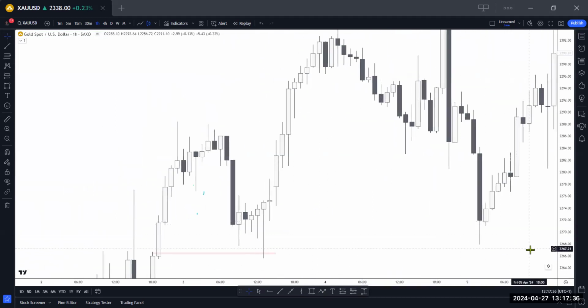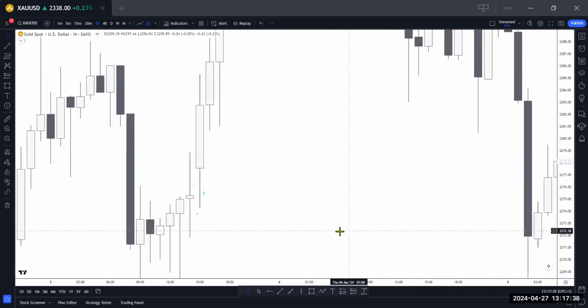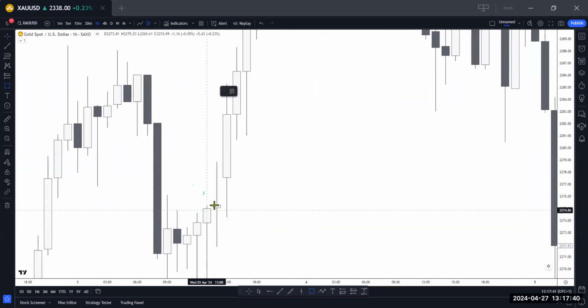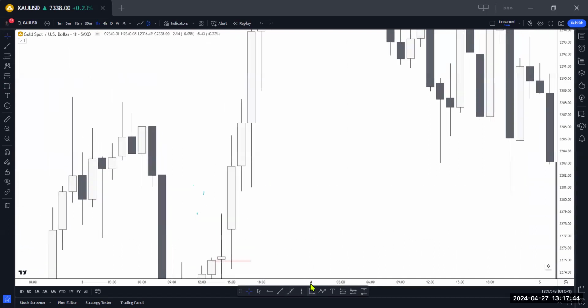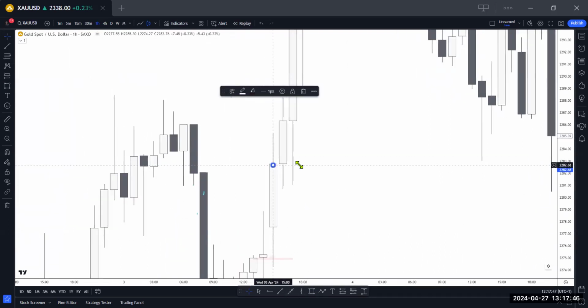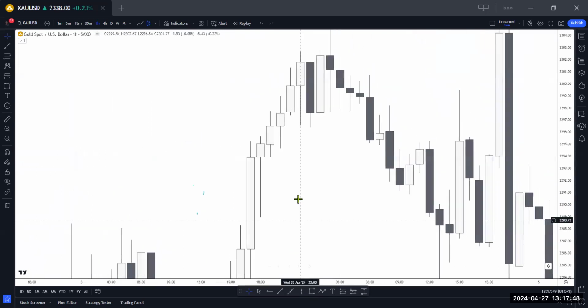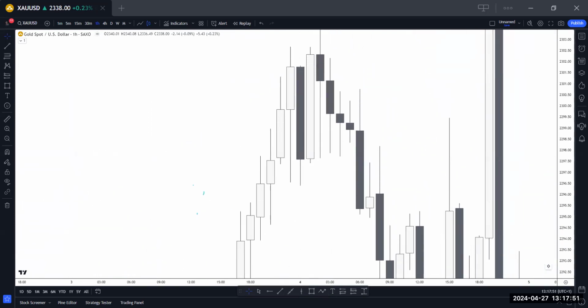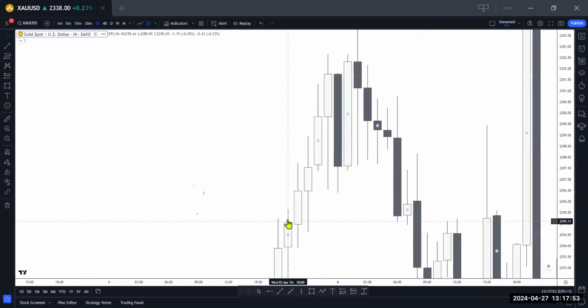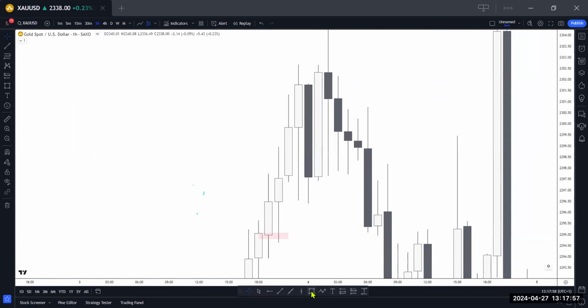So what you look for when you're looking for continuations, right? So another gap level right here. Continuations, right? Another gap level. Another gap level. Another gap level.